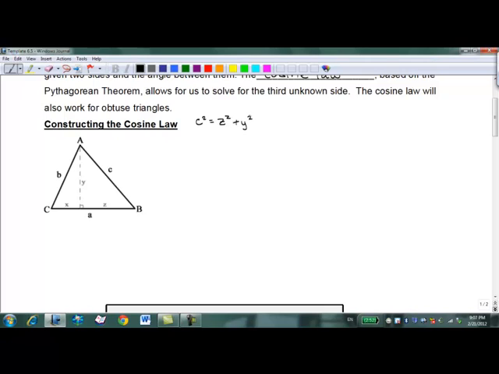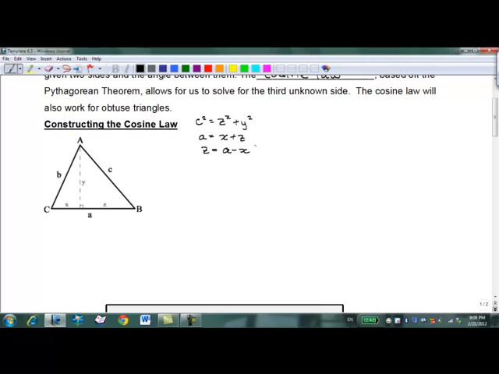I need to figure out that a is equal to x plus z, and solving for z, we figure out that it is a minus x. What else do I need here?